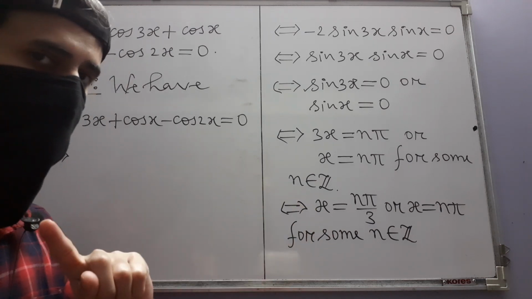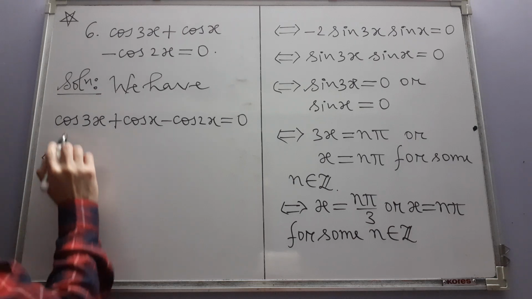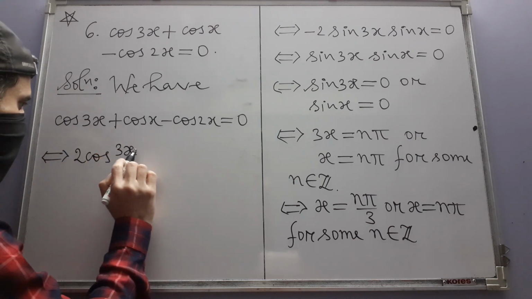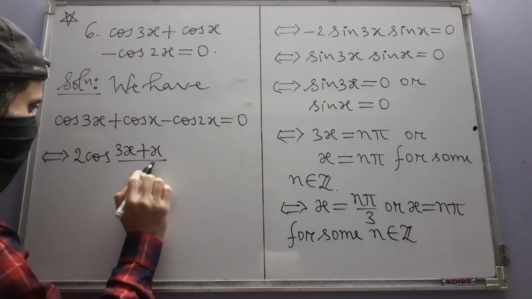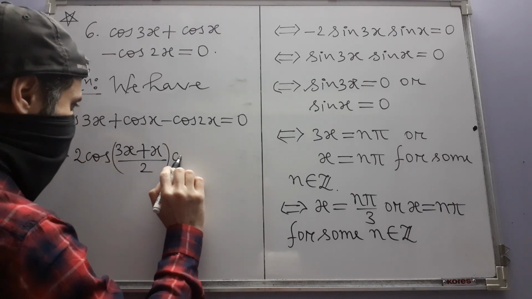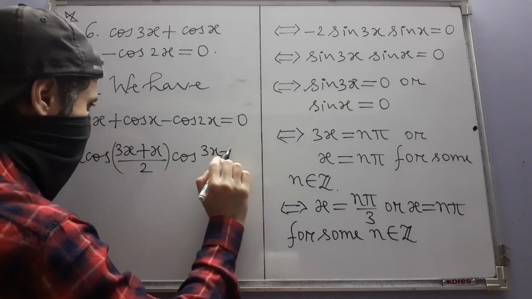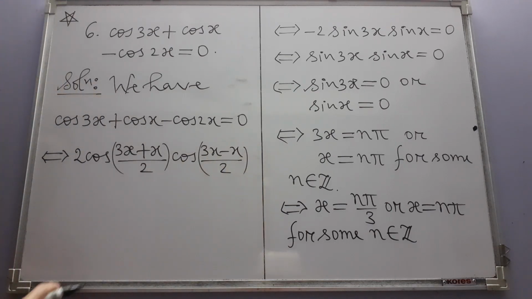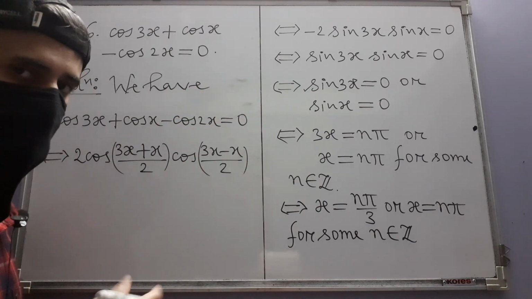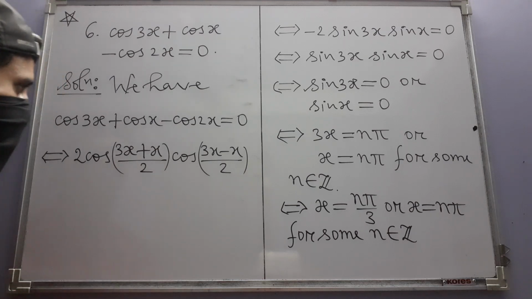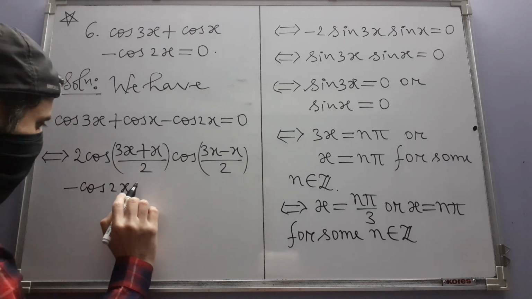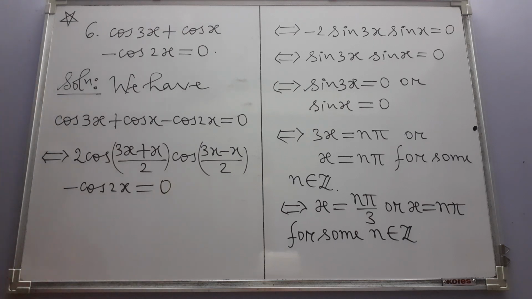There you had sine sine, but here you have cosine cosine. 2 cos of 3x plus x over 2 times cos of 3x minus x over 2. Again, if you do not remember this, you can go through a similar calculation and quickly verify that this really is the formula. Minus cos 2x equals 0.